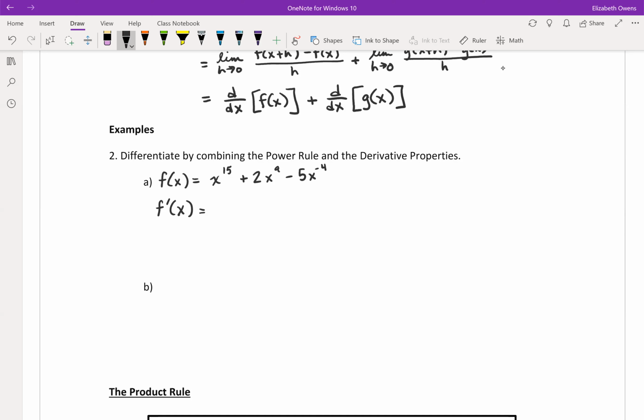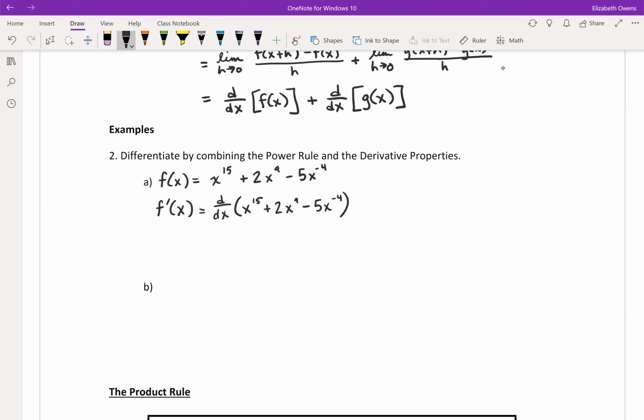And according to our sum and difference property, taking the derivative of this polynomial is going to utilize that sum and difference rule, because we have a sum between those two terms, and a difference between these last two. So we can write this in the Leibniz notation that I've been using so far: d dx of x to the 15th plus 2x to the 9th minus 5x to the negative 4th.